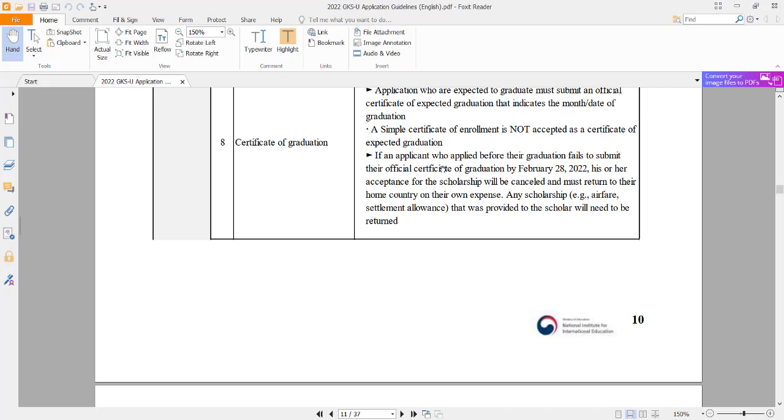That can be replaced later on when you get the scholarship. At the time of application, if you have the final certificate, that's good. But if you don't, you can get a letter of expected graduation from your school or college, and get the principal's sign and the dean's sign on it with a seal, and that would suffice.